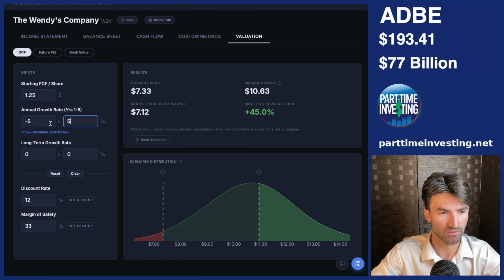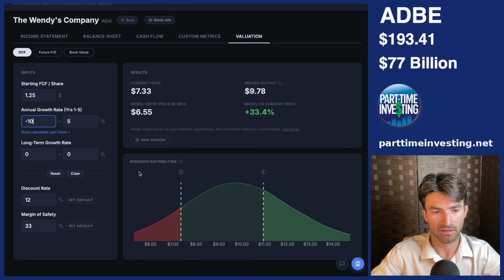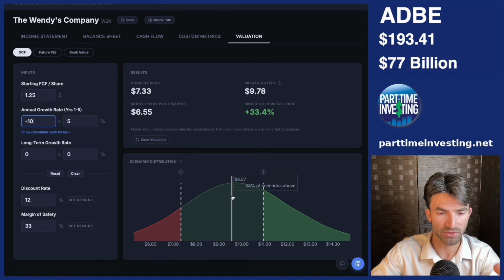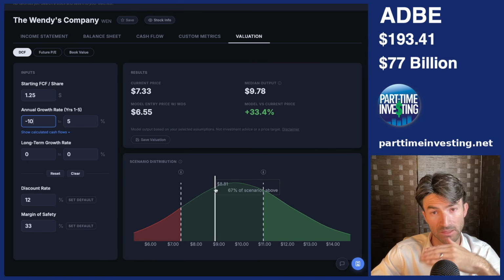If you put 5 to 5 or minus 10 to 5 or whatever, it's going to run a fair value distribution for all of these outcomes, plot them here, then tell you where the current price is, and then where your margin of safety, the current price divided by your 1 minus your margin of safety is, which is basically like your deep value zone.